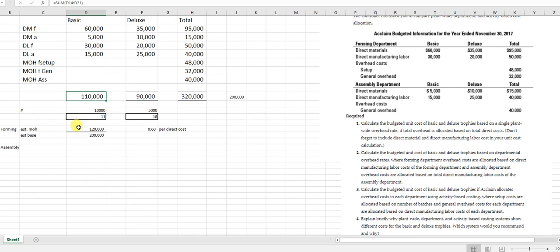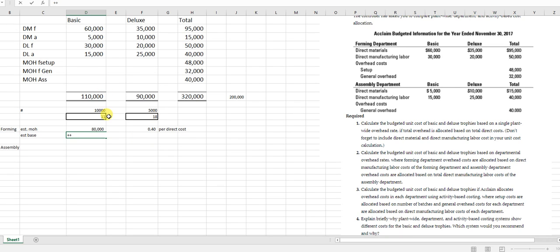So in the forming department, I'm going to have its overhead, 48 and 32, divided by its estimated base, again direct manufacturing labor costs of the forming department. So I need direct manufacturing labor costs of the forming department.